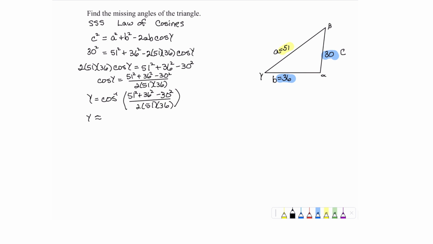When you go through and calculate that, you will get that your value for gamma is approximately 35.29614 degrees. As I report it, we'll go to the nearest degree, so 35 degrees.